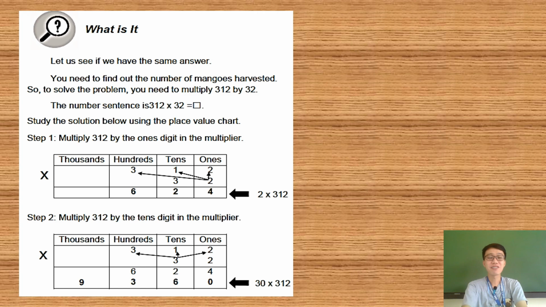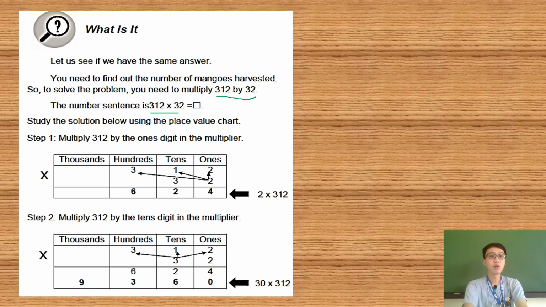Let us see if we have the same answer. You need to find out the number of mangoes harvested. So, to solve the problem, you need to multiply 312 by 32. The number sentence is 312 times 32 is equal to blank. Study the solution below using the place value chart.